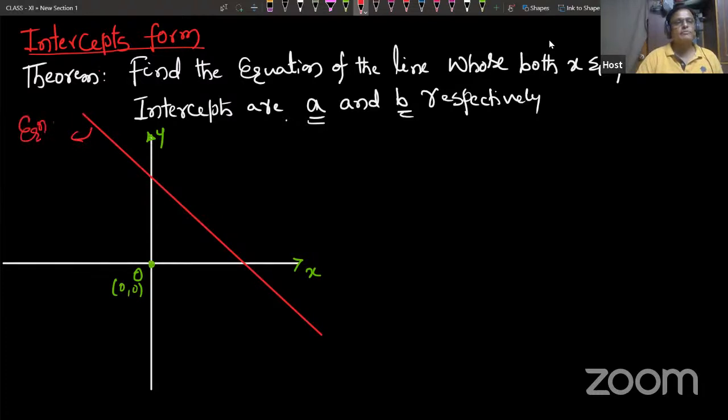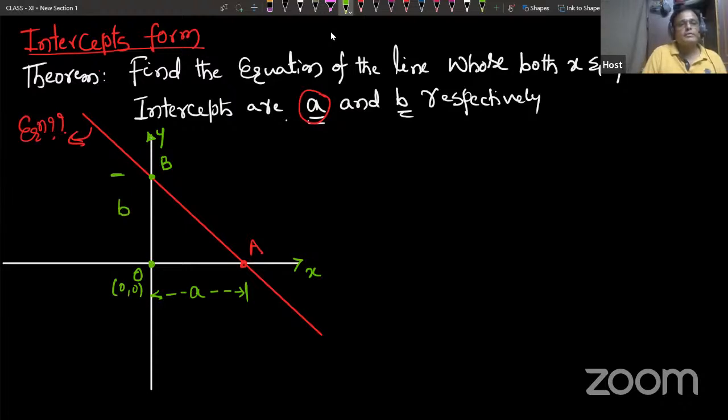Find the equation of the line whose x intercept is A. That is, this point is called A. He has given that x intercept is A. And y intercept is B. So for this point we take it as B. This is y intercept, B.